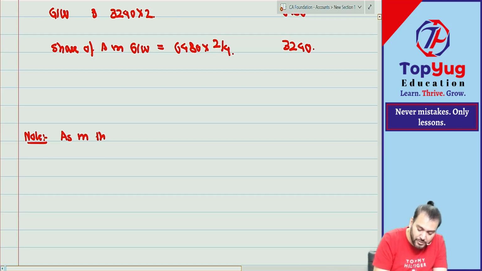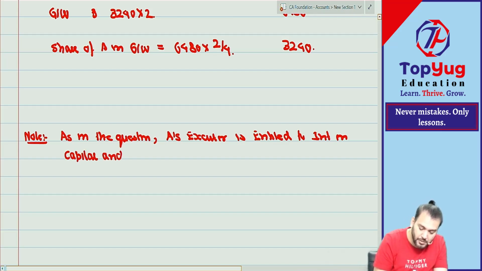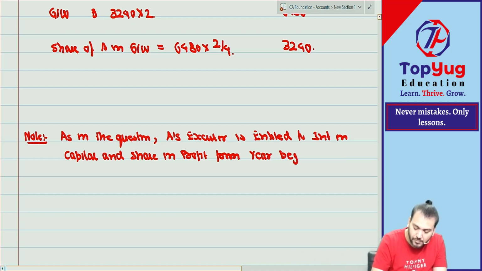As in the given question, executor is entitled to interest on capital and sharing profit from year beginning till year end.